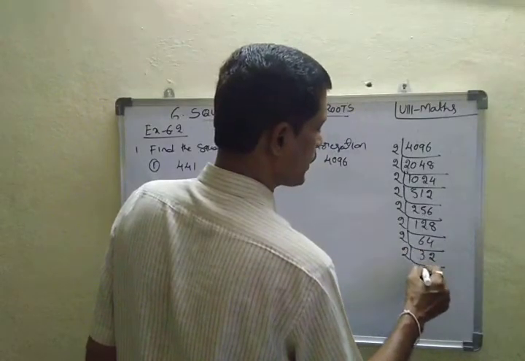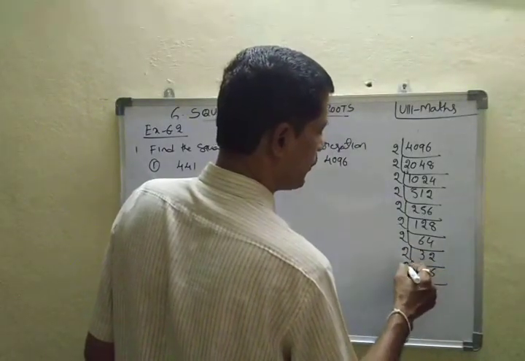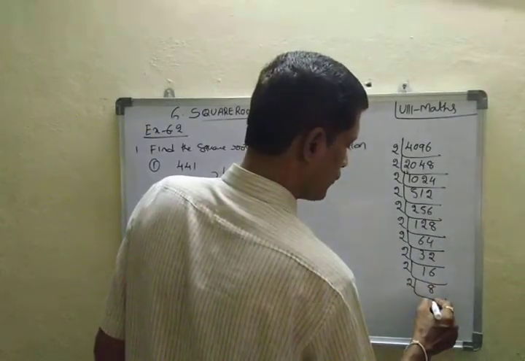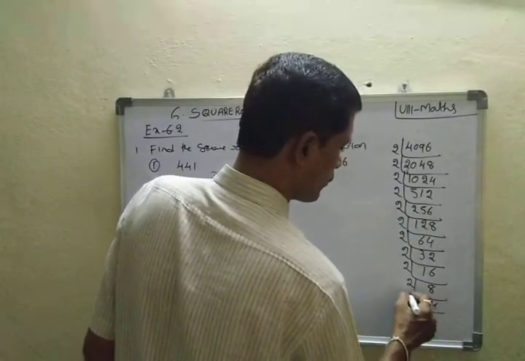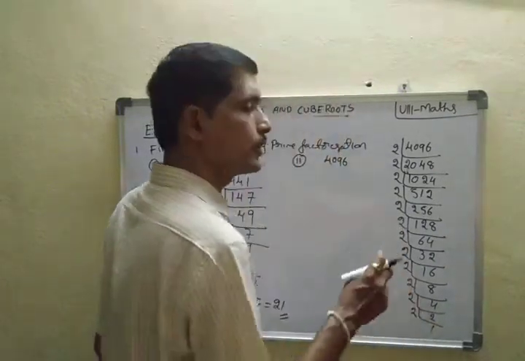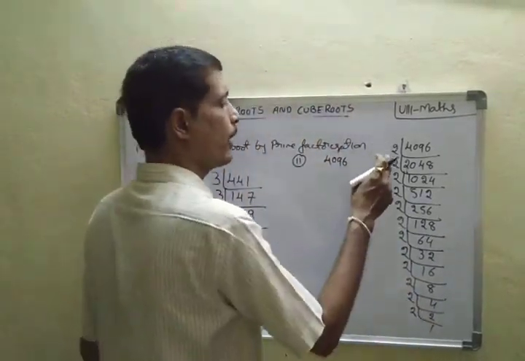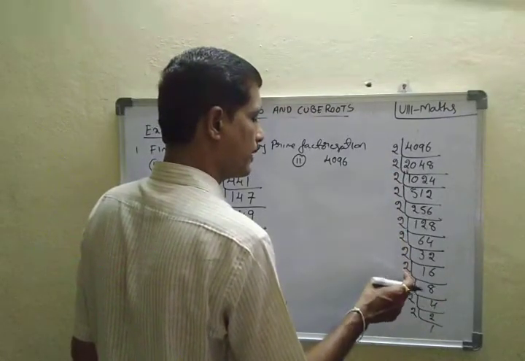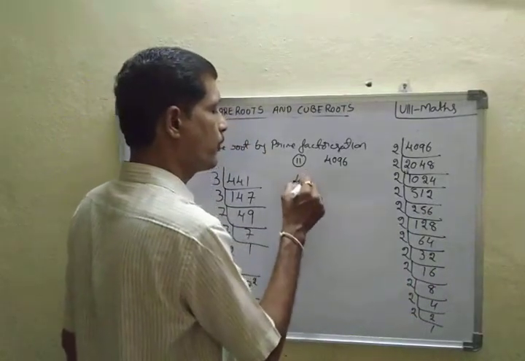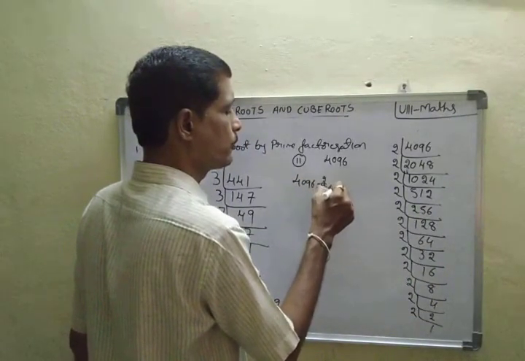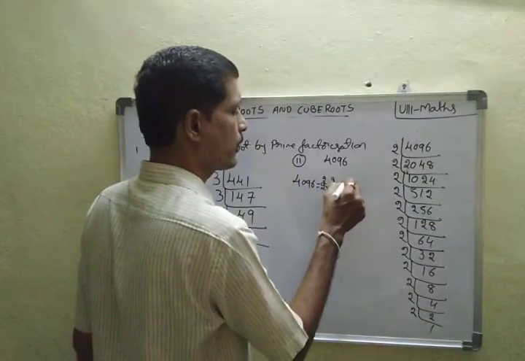Here all are 2s. Therefore 2 is a prime number. We have 1 2 3 4 5 6 7 8 9 10 11 12 twos. Therefore 4096 equals 2 square, 2 square, 2 square.